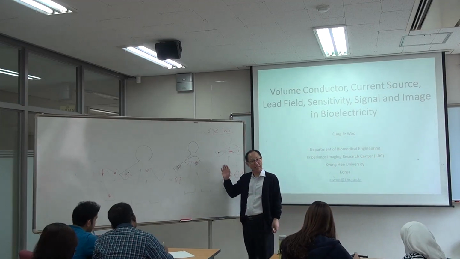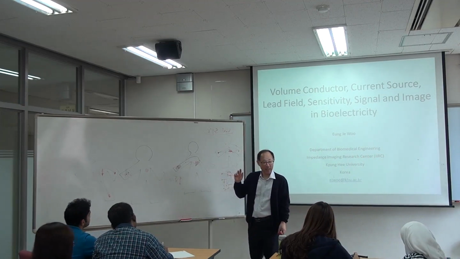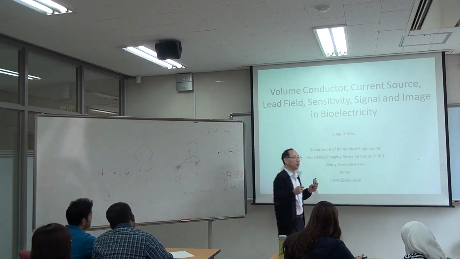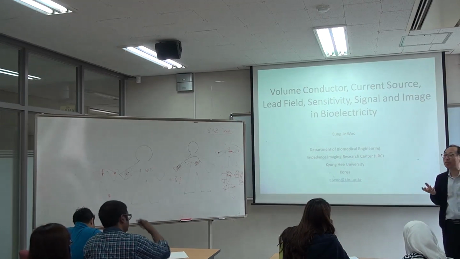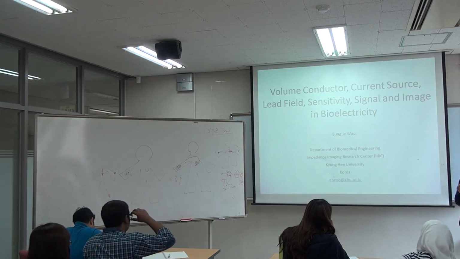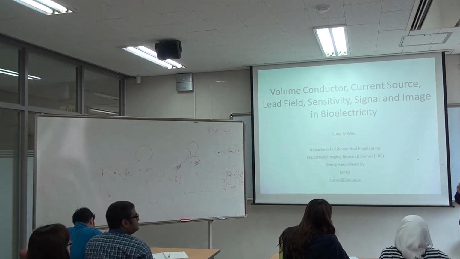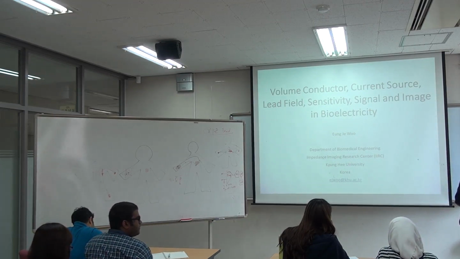Make sense? Okay, I'm going to repeat. Whenever you try to measure biopotential, you have to locate where the source is. The source is the equivalent dipole moment. It could be the heart, muscle, or brain, or whatever.